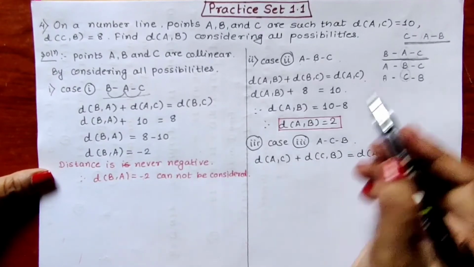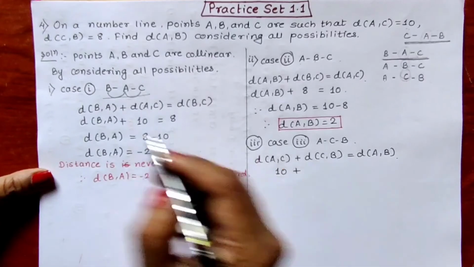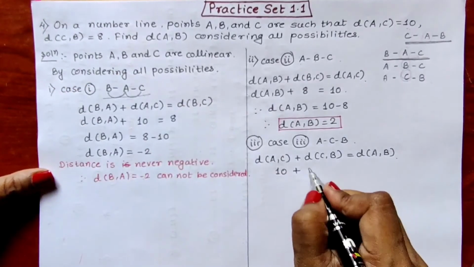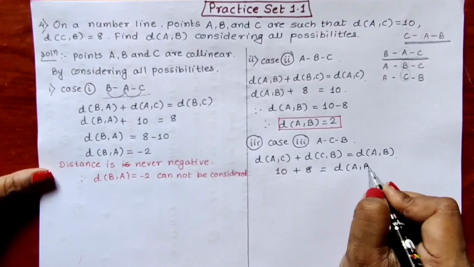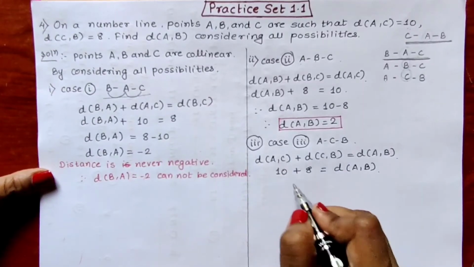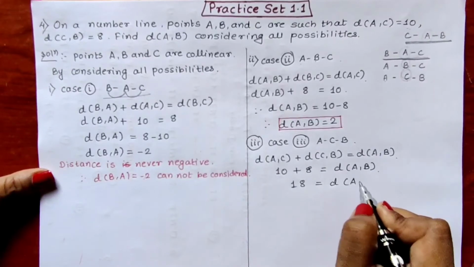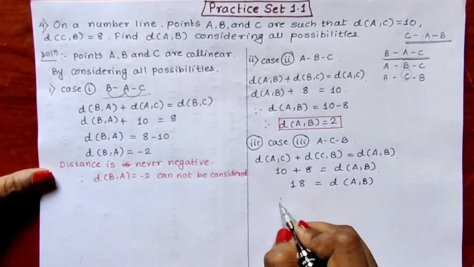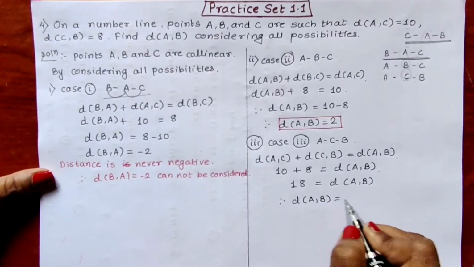AC is 10, CB is given 8, equal to distance AB. 10 plus 8 is 18, equal to distance AB, and therefore distance AB is equal to 18.